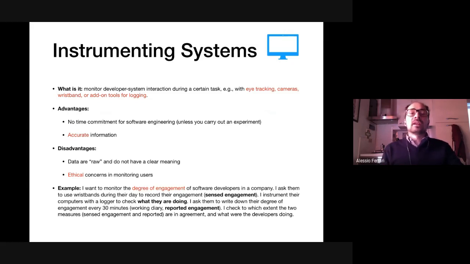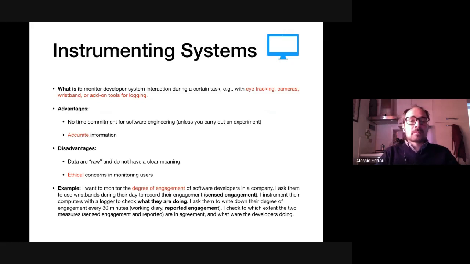For example, as I was telling you before, here it is instrumenting systems, but I could also be instrumenting people, actually. Okay, like in this example, I can use a tool for logging the system, so to understand the interaction with, for example, the coding platform, or I can instrument the person somehow, so equip the person with a wristband to understand the variation of emotion during the coding activity.